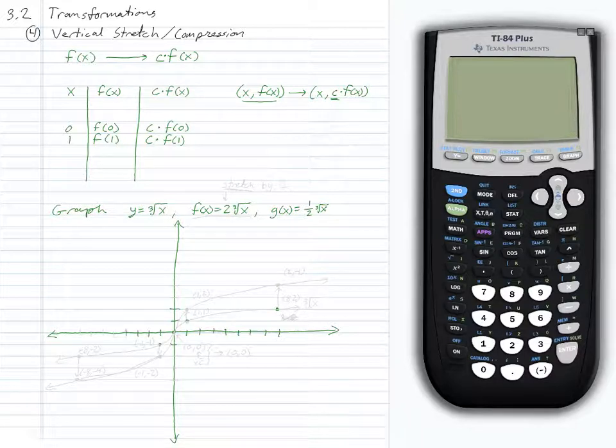So we have these mirror image points on the opposite side. And so there is our cube root function. Try to connect it as smoothly as we can.